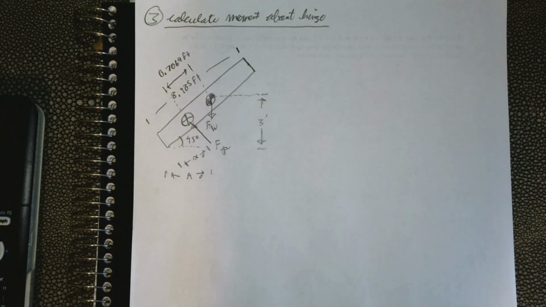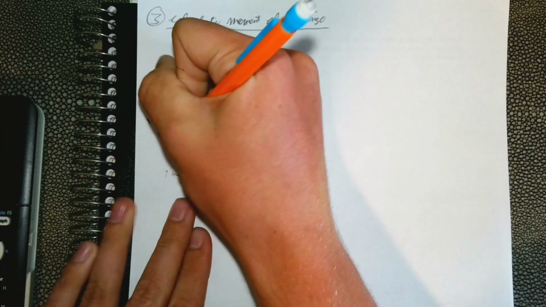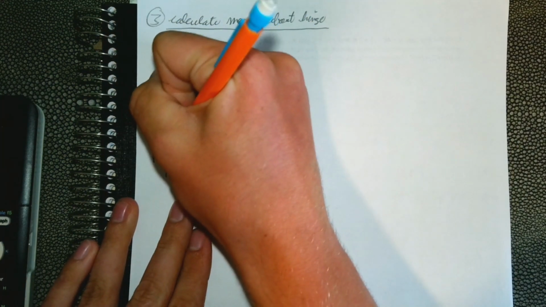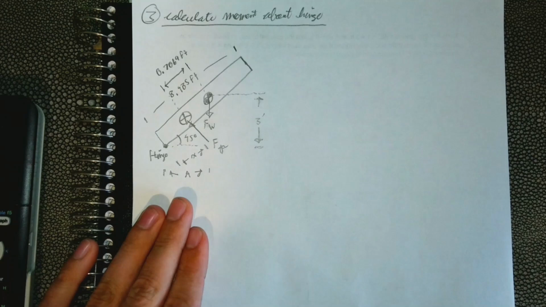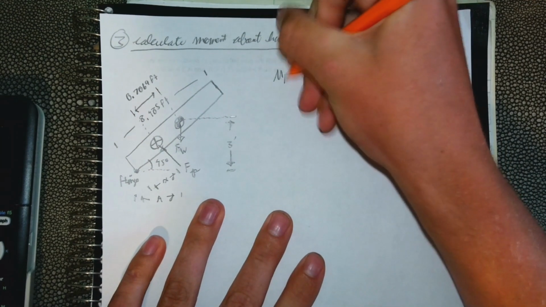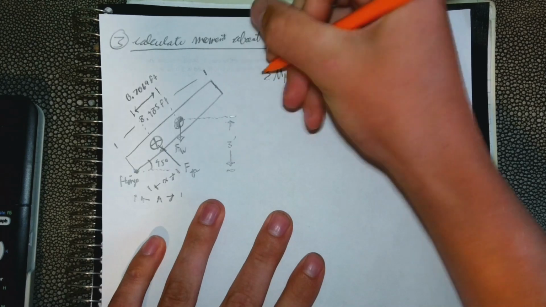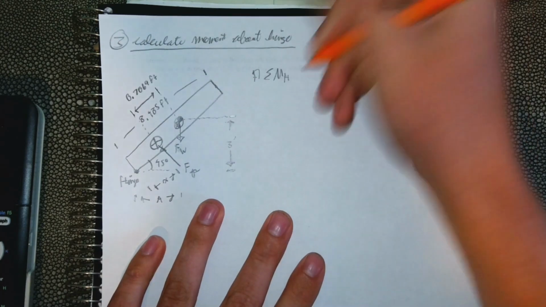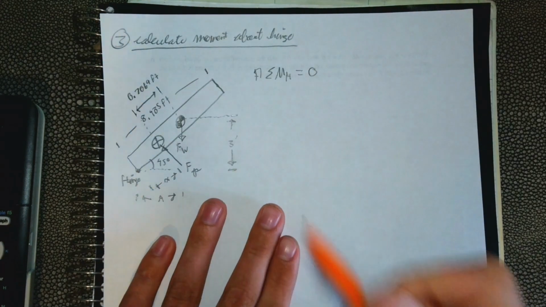So we need to take a moment about the hinge, right? So I should probably label it. The hinge is right here. Okay, so moment about the hinge. Say counterclockwise is positive.